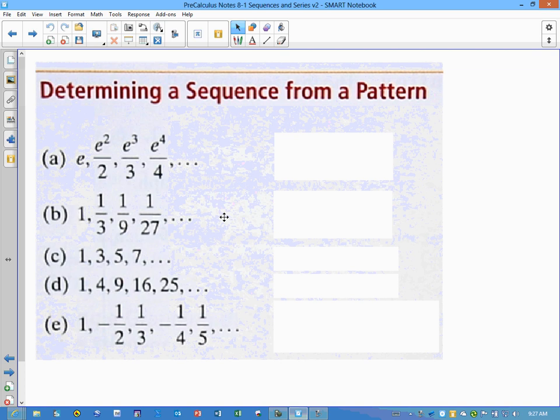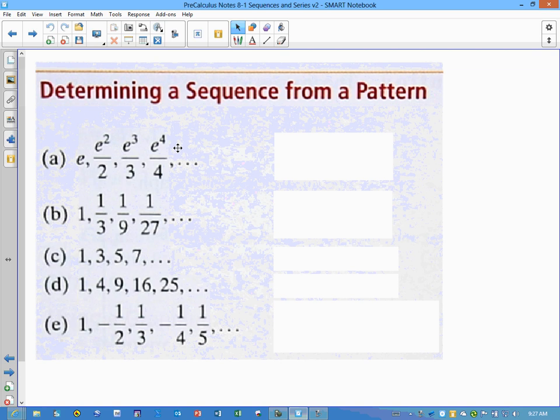Alright, so let's look at a couple more here. We're going to give you a chance to do some of these, so if you want to pause the tape, you can do that and try to figure these out yourselves. But when you do come back, you should hopefully recognize on the first one that you can write e as e over 1, and that way it makes it easier to compare. So you'll notice in the numerator you have e squared, e cubed, e to the fourth.